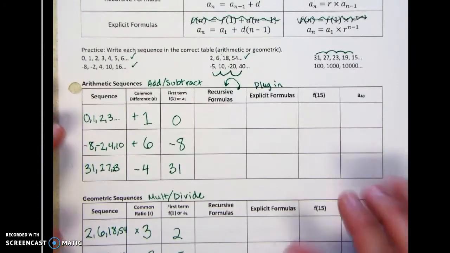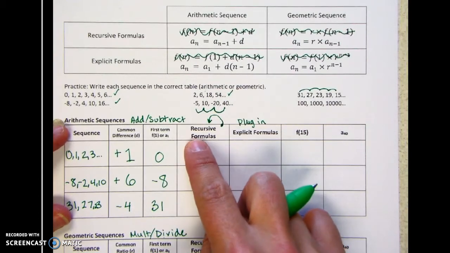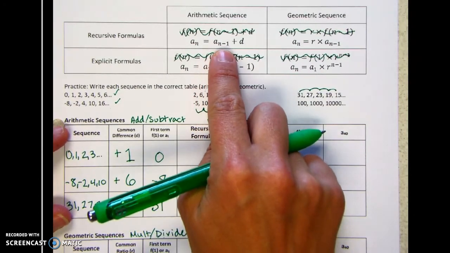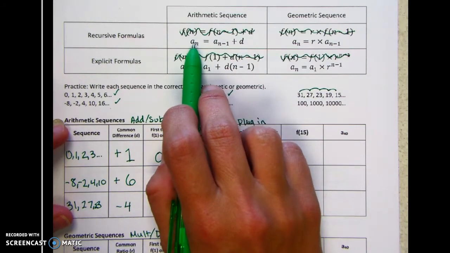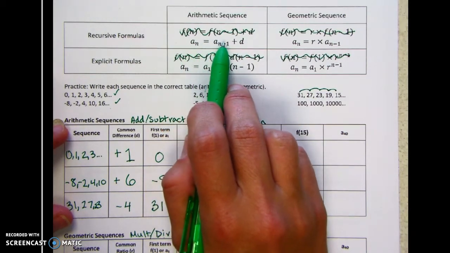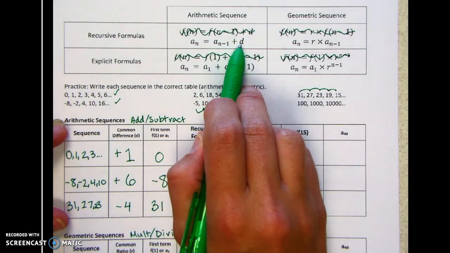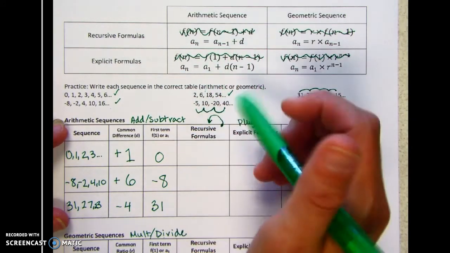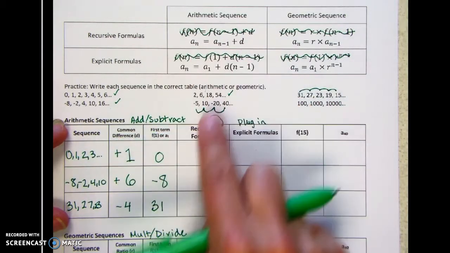So for this top table, we're going to use arithmetic, and we're going to use the recursive formula first. The recursive formula says to get any term, you use the previous term and just add the common difference. So this is the formula here. We're going to use it first for this column.